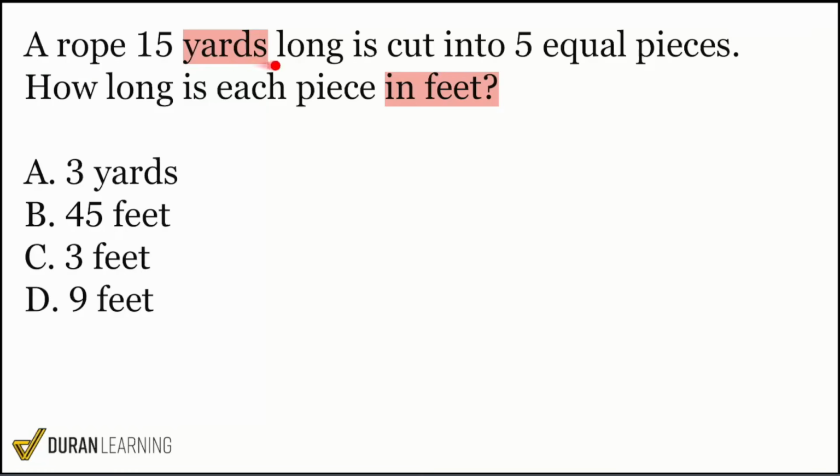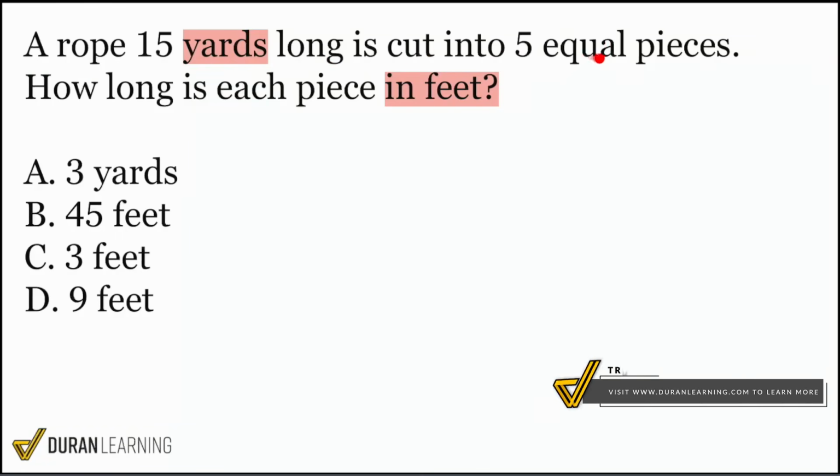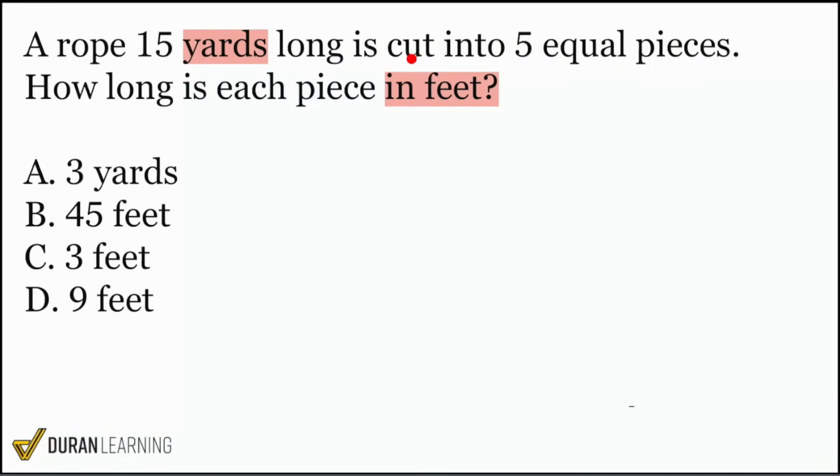A rope 15 yards long is cut into 5 equal pieces. Everyone, just off the top of your head, what operation are we doing if we are cutting something into 5 equal pieces? When we are cutting something into equal pieces, we are dividing.